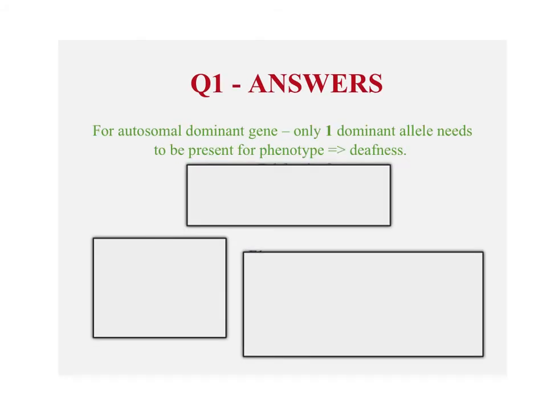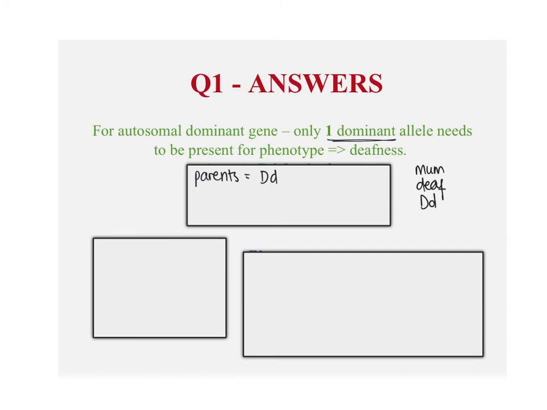So normally in an exam, it would tell you whether the parents are homozygous or heterozygous, and in this case, they haven't actually said. So I'm going to assume that for an autosomal dominant condition, only one allele needs to be present for the phenotype to be present, and therefore I'm going to presume that the parents are both heterozygous. Okay, so I know that the mum is deaf.